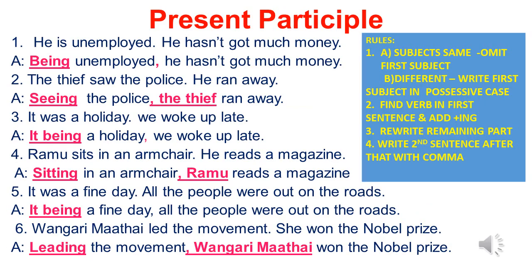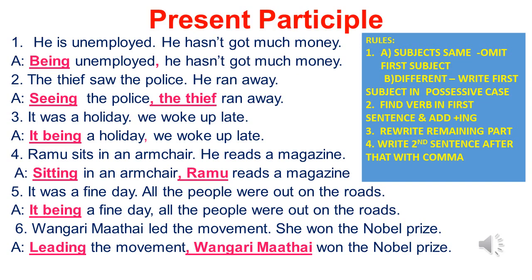Now we are going to learn how to transform sentences by using present participle. There are 4 rules. Rule number 1: if the subjects are same, omit the subject of the first sentence. If the subjects are different, write the subject of the first sentence in possessive case.